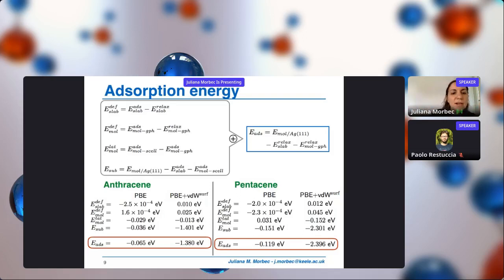And you see the largest contribution to the binding energy is the interaction between molecule and substrate, for both systems, if you include Van der Waals interactions. When you don't include Van der Waals interactions, the contribution from the interaction between molecule and substrate is very small.